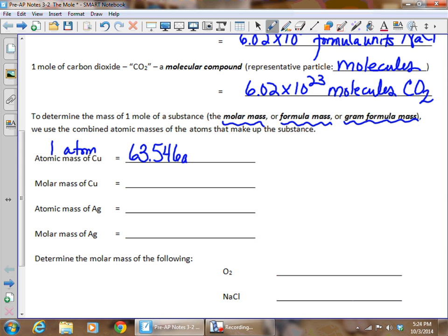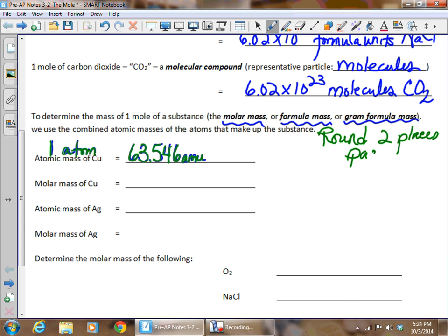Now, that is not the number that I want you to use. In fact, I'm just going to go ahead and make that green because I don't want you to write down all of the values that are given for the atomic masses. I always want you to round to 2 places past the decimal.